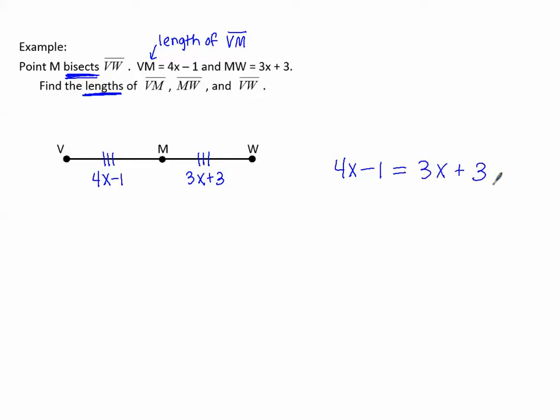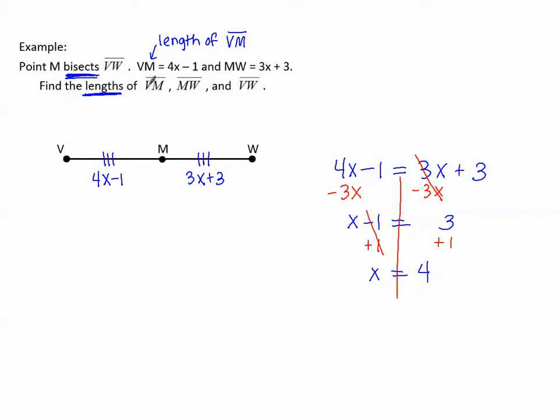And I need to solve this equation for x. Let's get our x's together, minus 3x to both sides, so that we get x minus 1 equals 3. Let's move stuff away from the x, plus 1 to both sides, and now we have x equals 4. Notice it didn't say find the value of x. It said find the lengths of these segments. Now that I know what x equals, I can do that.